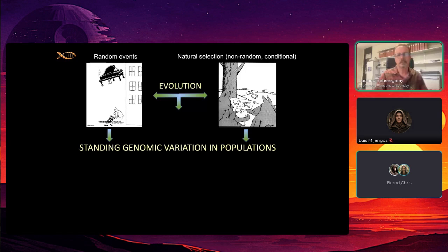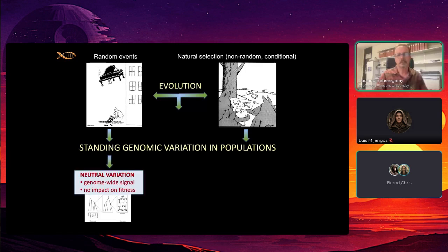We are perhaps the strongest selective force acting on biodiversity at the moment, human influences. So it's the combination of these complex factors that will characterize levels of genomic variation in populations.